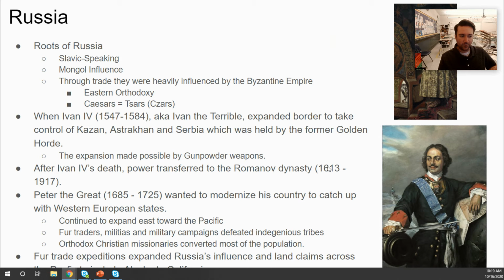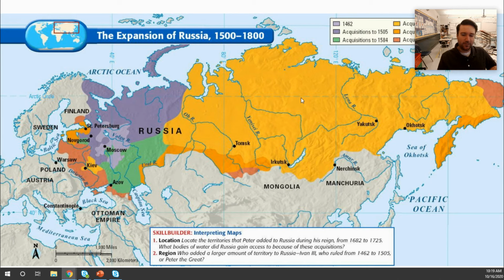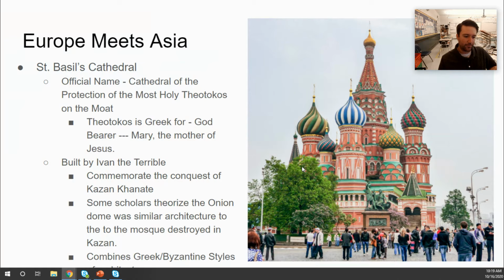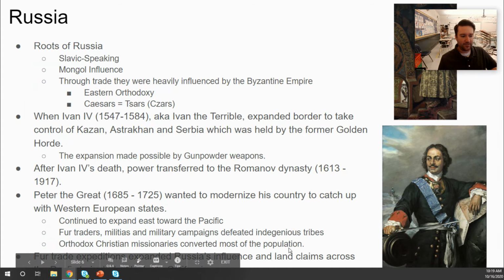Actually, that's more like, we'll go back. A lot of the expansion is prior to him, but he continues to expand it and take more control of that territory. But a lot of this expansion was done by militias and fur traders who were trying to expand their operations as well.